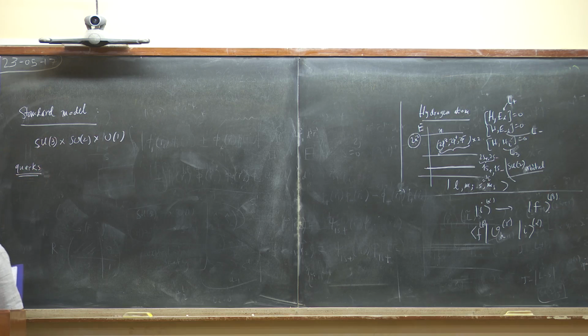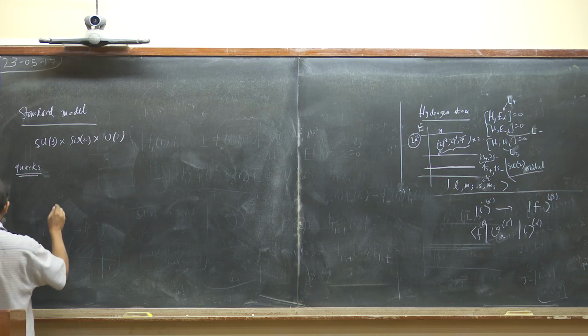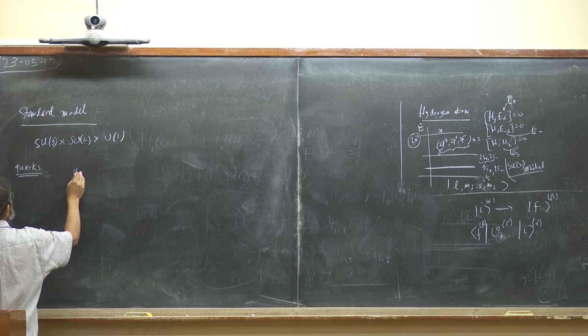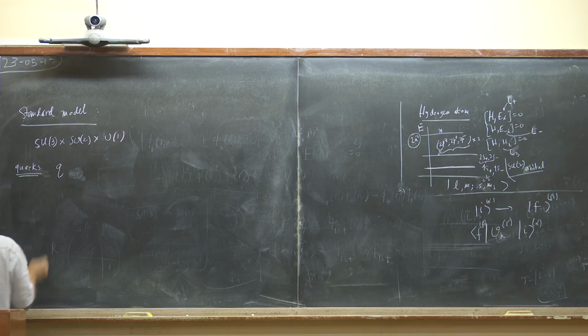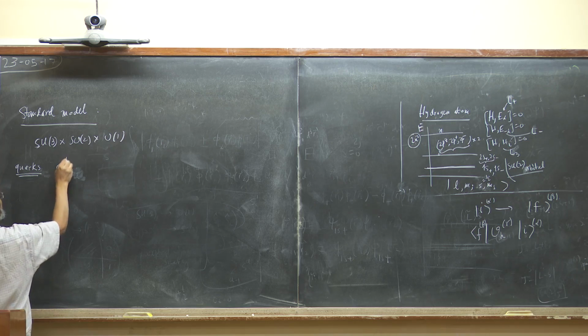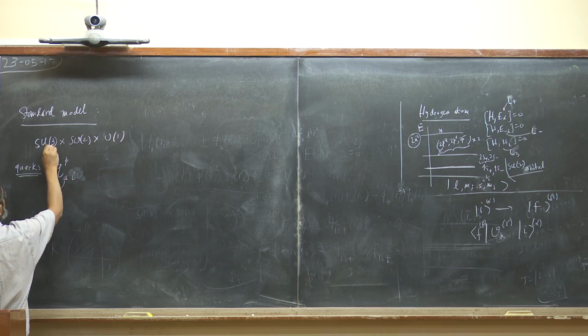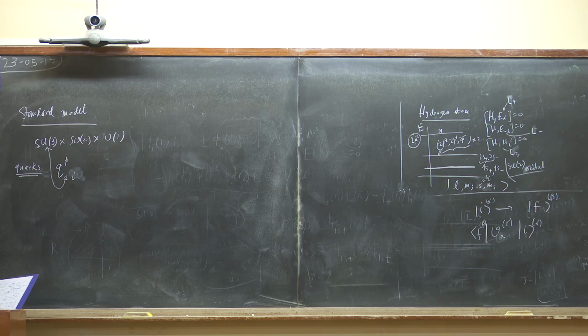So the fermions of the standard model come in two varieties. They are called quarks and leptons. For quarks, let me use a general notation, which gets a little cluttered. This A is a fundamental representation of SU(3).